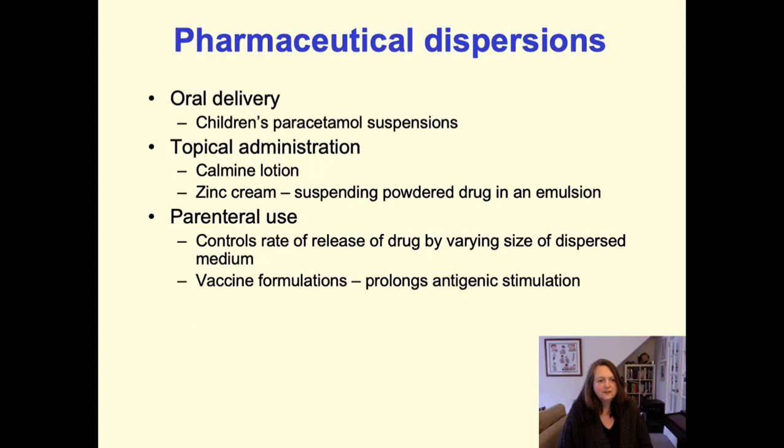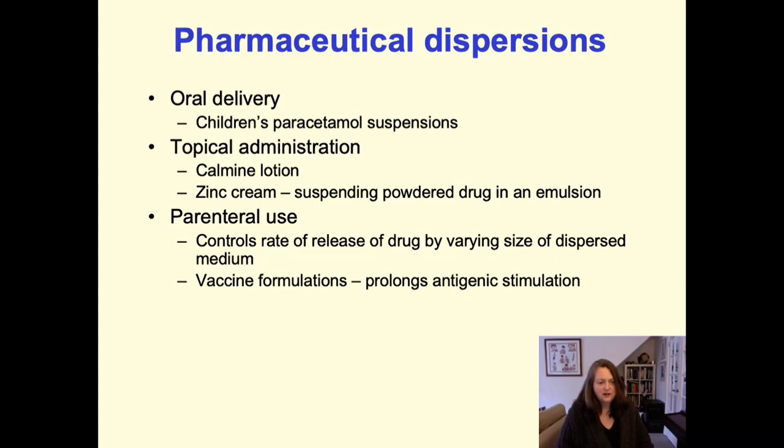And the pharmaceutical examples could be for oral delivery, so for instance, children's pharmaceutical suspensions, or topical delivery, so we could have lotions, and we could have emulsions such as zinc cream, or parenteral use, so where you could have the rate of release of the drug depending on the size of the dispersed medium.